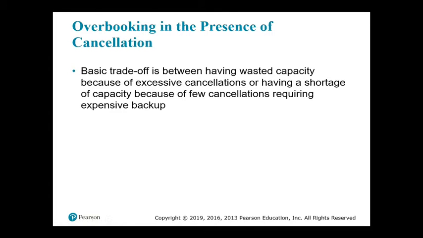So in the airline industry, for example, if you booked a flight and then it turns out to not have the number of seats required to accommodate everybody, you're often offered a very high price to go on another flight.